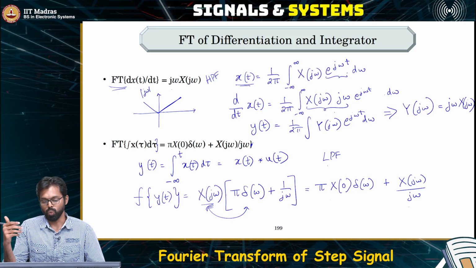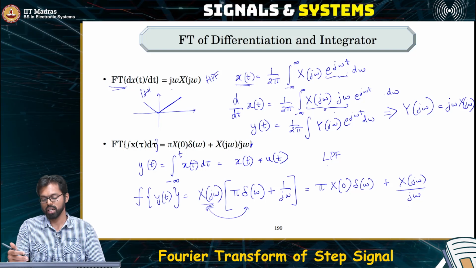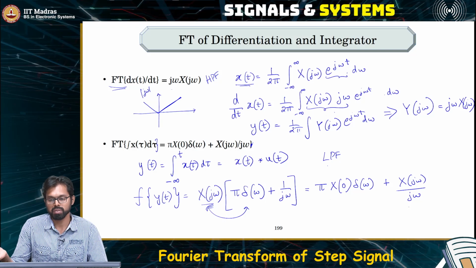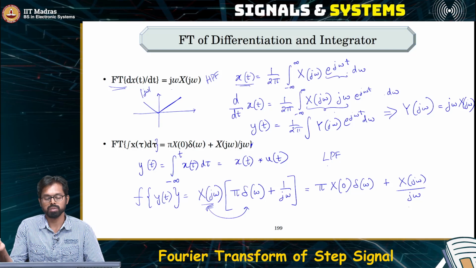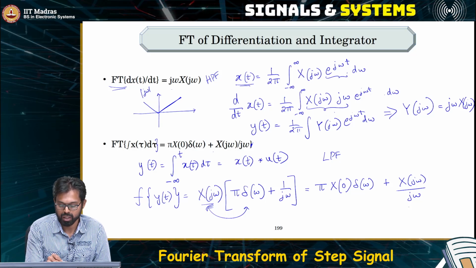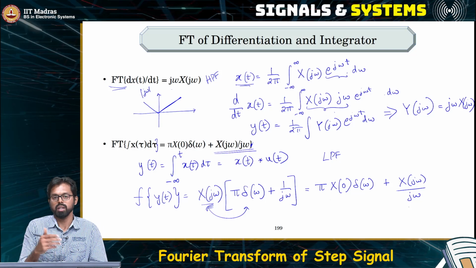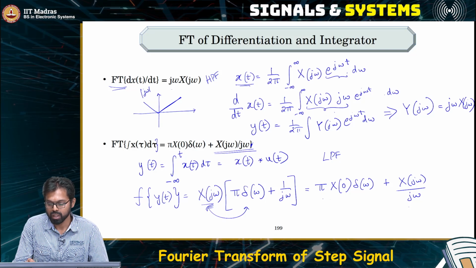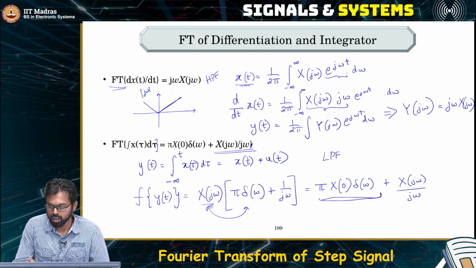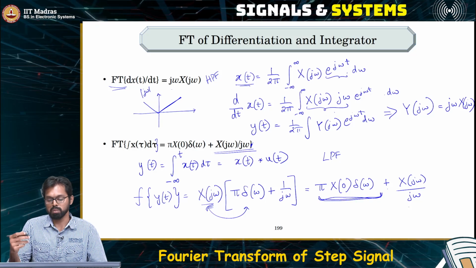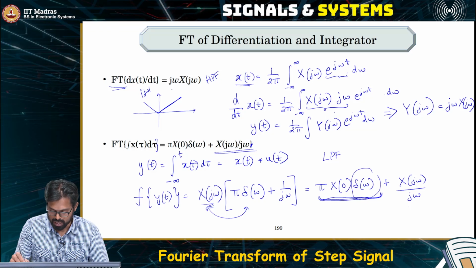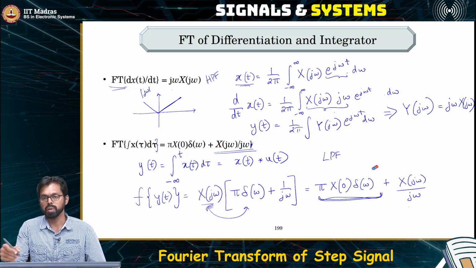So whatever we saw in Fourier series directly holds for the Fourier transform. The integrator behaves slightly differently, because in the case of Fourier series, we just simply saw that the frequency response is just 1 by j omega. You multiply with that and you are happy. But in the Fourier transform, because the integrator is not absolutely integrable, we take care of that by multiplying with the Dirac delta signal, and that has to appear here.